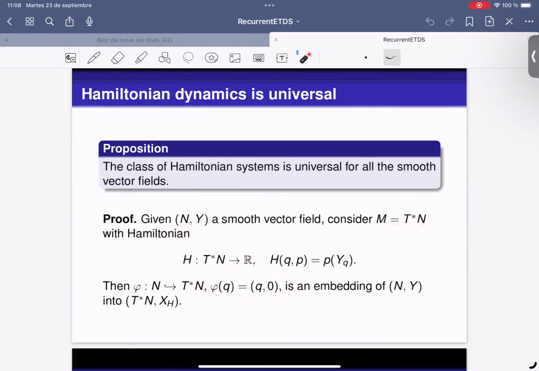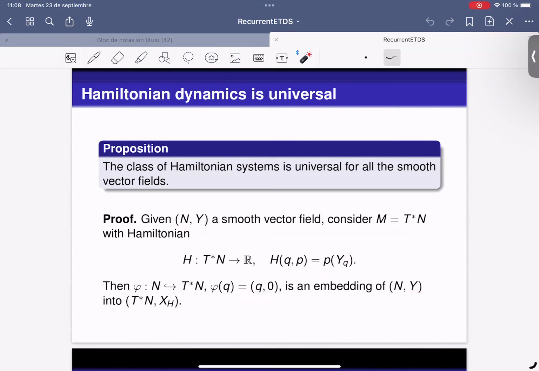And if you consider as Hamiltonian function, just considering, okay, on a certain point of the cotangent bundle, that is a position and a momentum, then take the vector field and evaluate the covector to get a number. And if you compute the Hamilton equations for this dynamical system, you realize that what happens in the zero section is literally that you are considering the flow of Y inside the zero section.